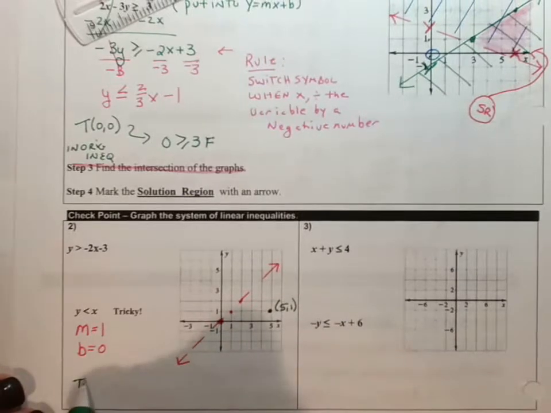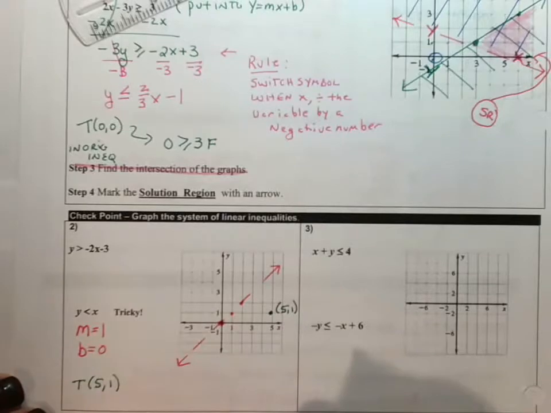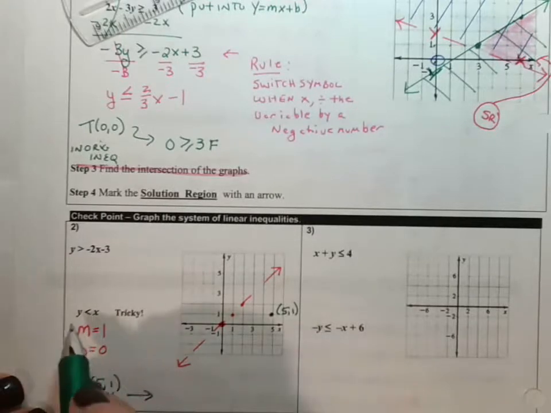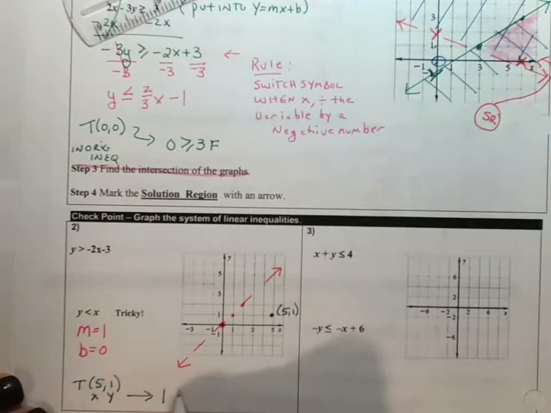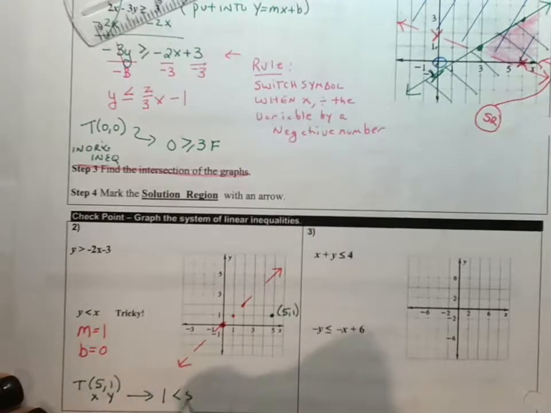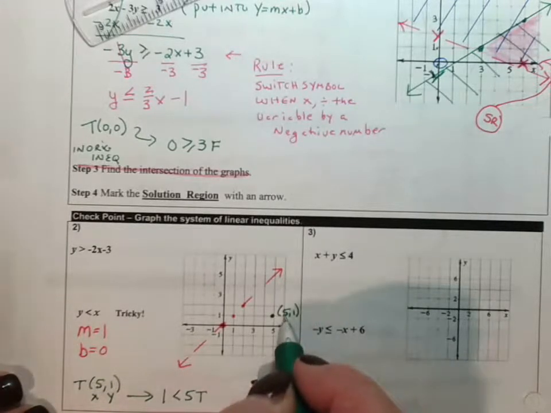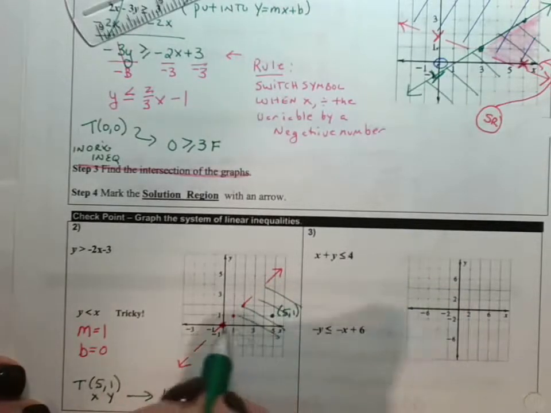And I'm going to test 5, 1. So this is the x, this is the y. So 1 is y, is less than x, which is 5. That is true. So this point is a solution. So this is the side that I shade.